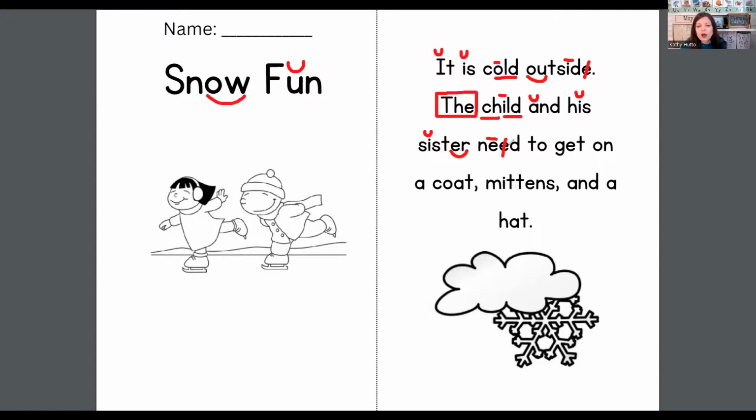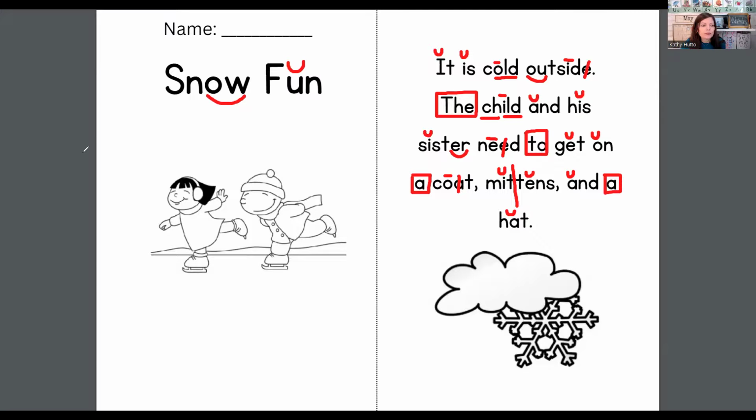Need, two vowels are walking. Need, sight word to, get, on, two vowels walking. Coat, mittens, and a hat. I won't reread that because I don't want you to memorize what it says. I want you to really work it out on your own and read it for yourself.